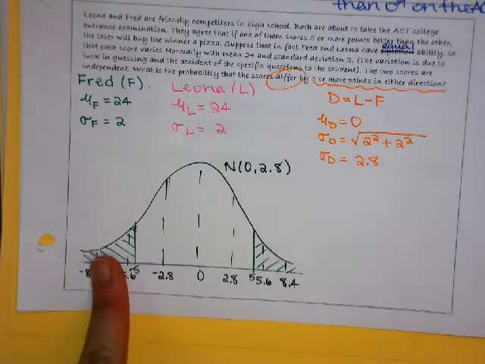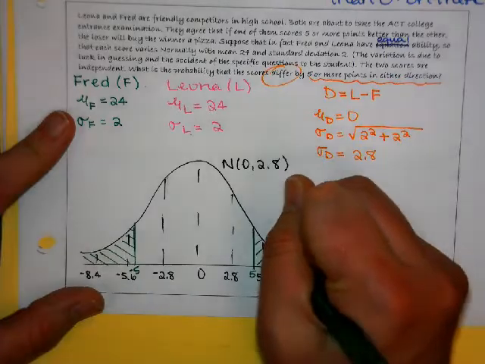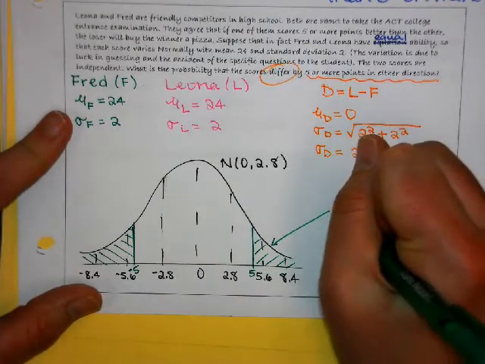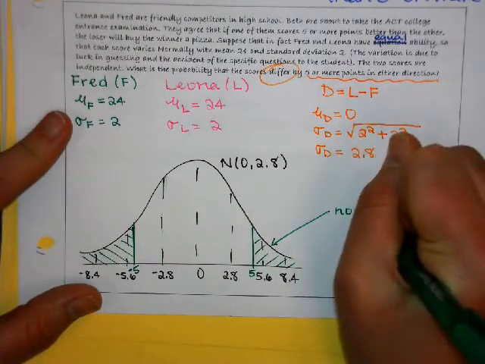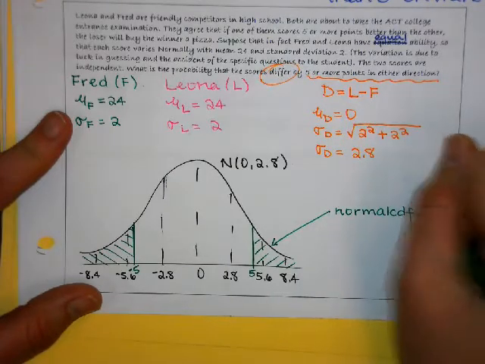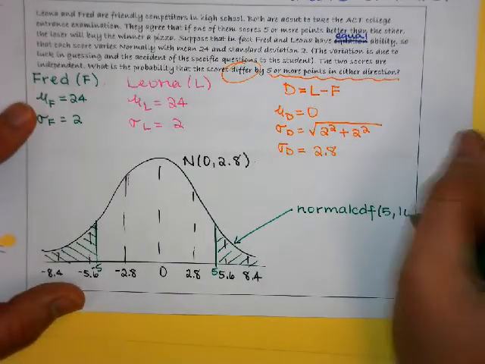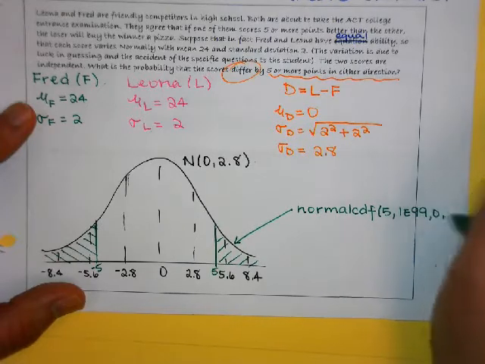Lower bound is 5. Upper bound is a big number. Mean of 0. Standard deviation at 2.8. Sorry, probably shouldn't cover that. 5, big number, 0, 2.8.